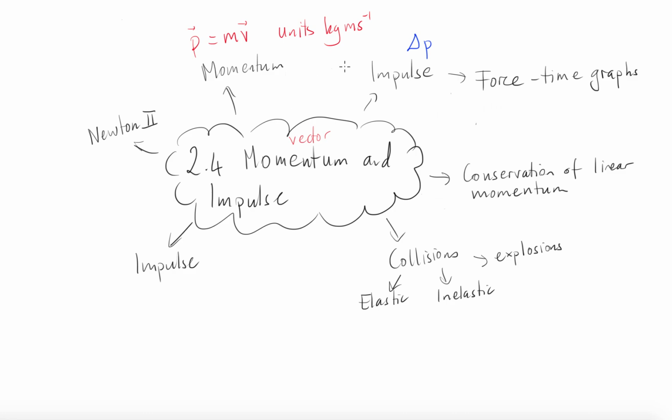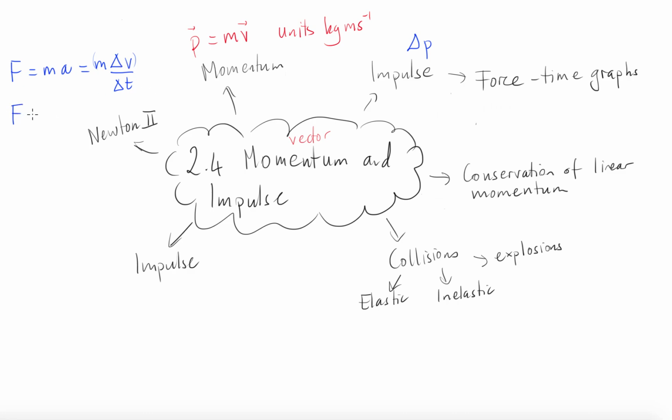However, there's a link between Newton's second law and momentum, because if you recall, Newton's second law says that F equals ma. Well, a is the acceleration, the rate of change of velocity, delta v over delta t, but now we have this new quantity, momentum, which is mass times velocity.